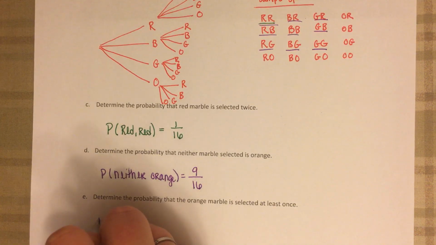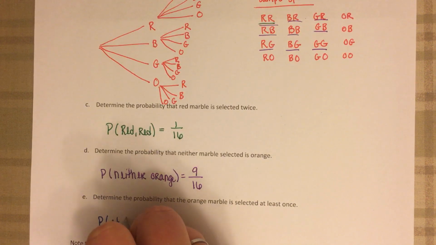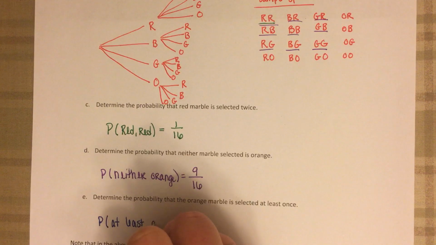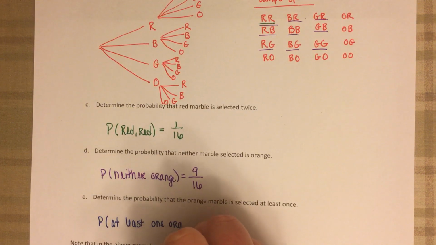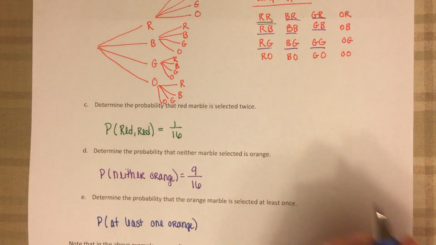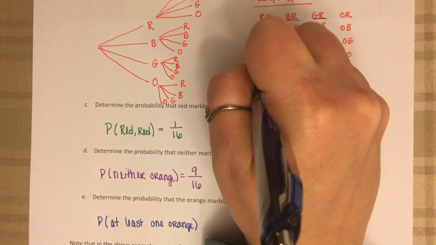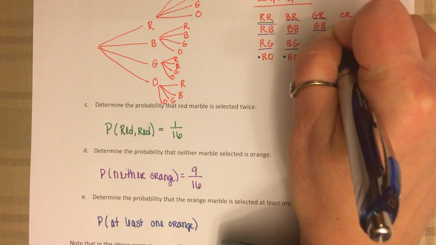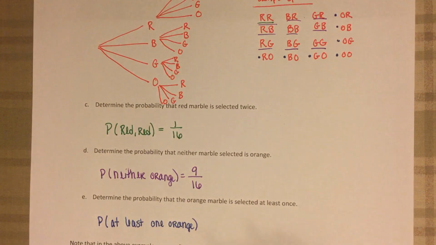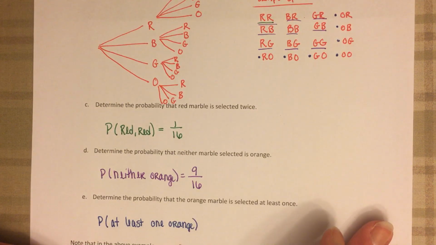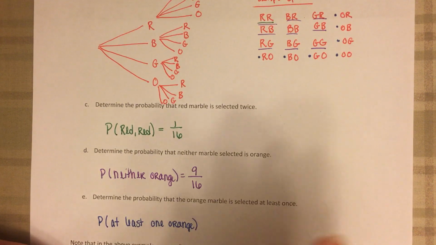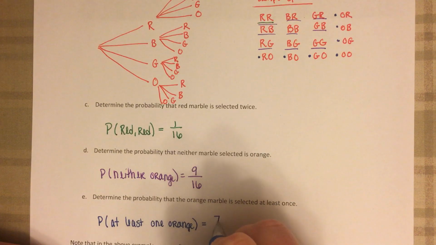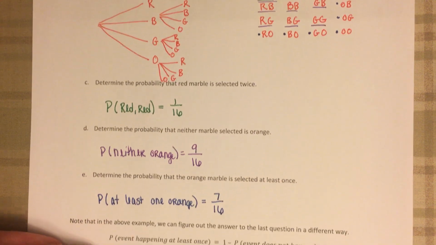So our probability that we have at least 1 orange. Well, that's going to be all of the ones that we just eliminated for example D. So all of the ones in the sample space that I just put a little dot next to are ones that have at least 1 orange. If we count those, that gives us a total of 7 out of 16.